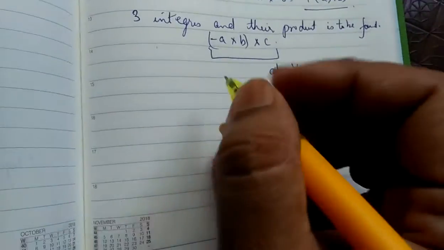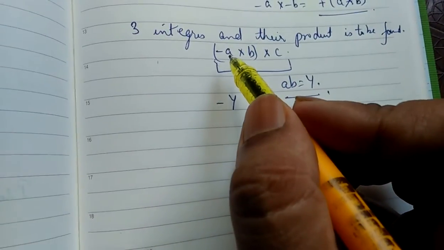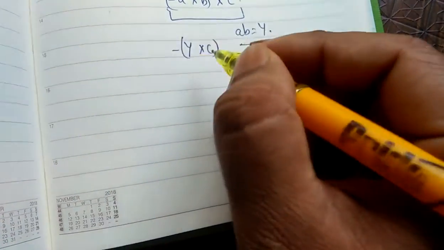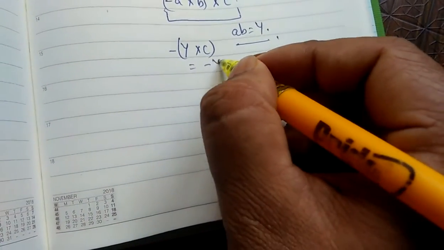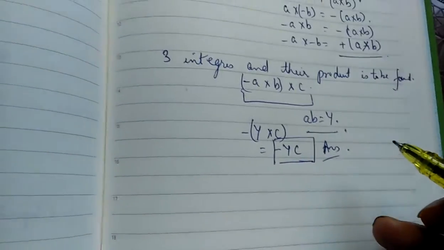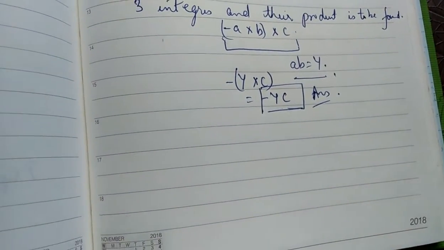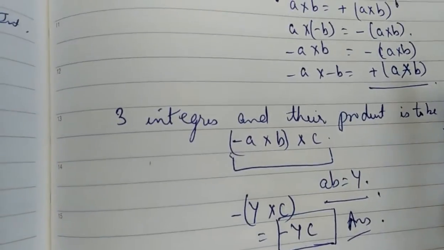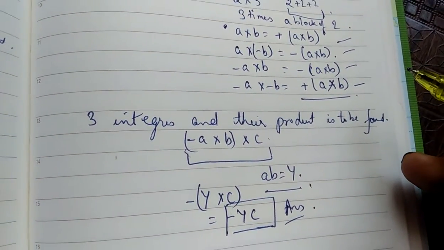So minus a into b will be minus y, because one of the integers is negative. Into c: because one of the integers again is negative, we will get minus yc as the answer. So the final integer would be negative. This is the product of three or more integers. If you have 4, 5, 6, 7 integers and their product is given, use the same four rules in order to determine whether a positive sign or negative sign will come.